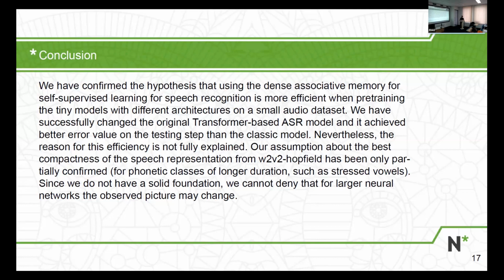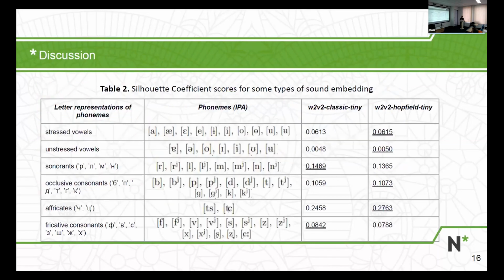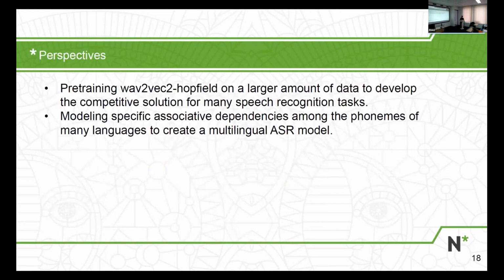And we confirmed this thought with testings on different data sets, but it's not really clear why it had such strange results on different classes of phonemes, sonorants and fricative consonants. We hope that our further research with a big amount of data will make it clear.